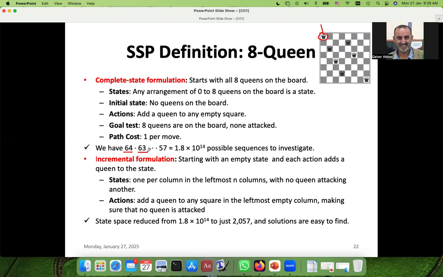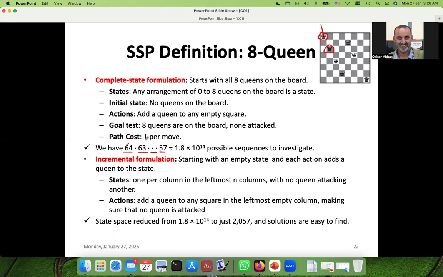And then when you place the second queen, then 62 are left. In this way, when you are putting your queens, the remaining blocks would be up to 57 for the 8 queens. You can go like that.